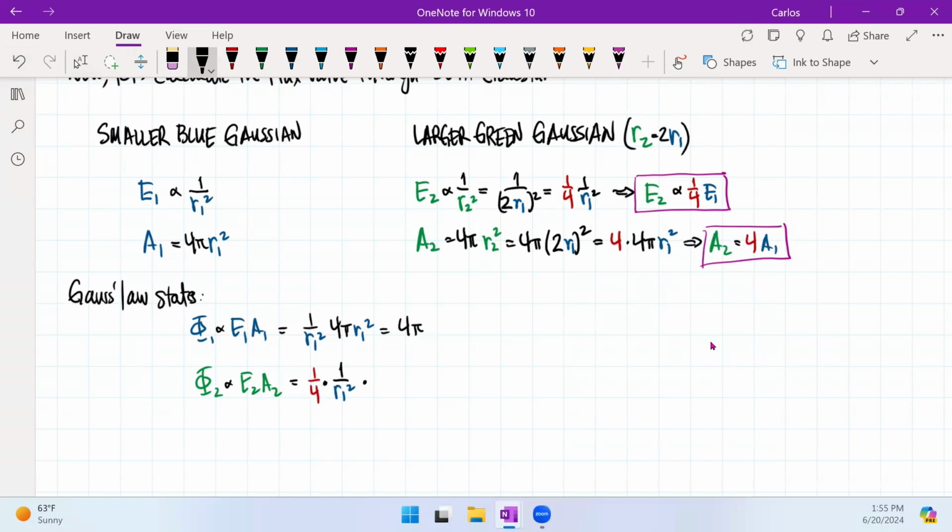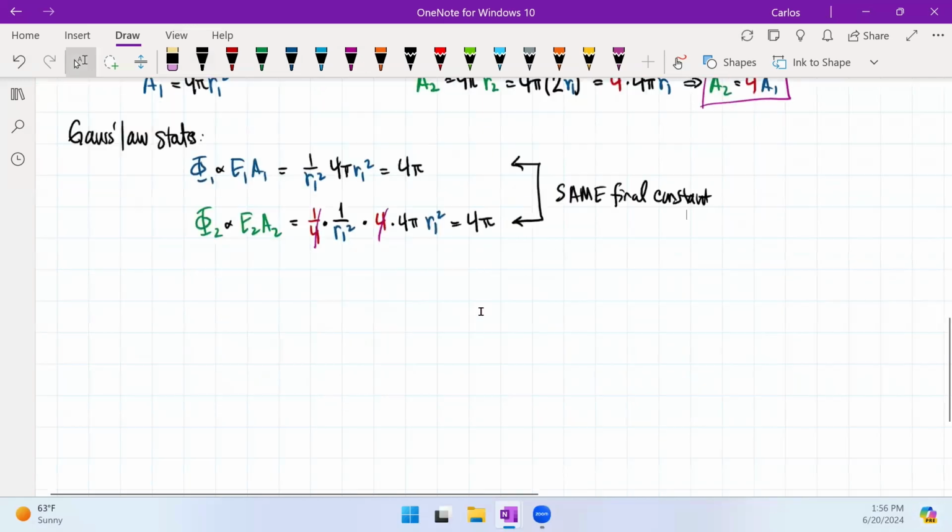And then I'm going to do the area. If I do the area, I get this exact same pi value, but that's also giving me this guy. As we can see here, that guy is going to cancel out with that guy, which then leaves me with the exact same constant. So these guys lead to the same final constant. And you could see why I picked the 2, because you see that really, really nice calculation.